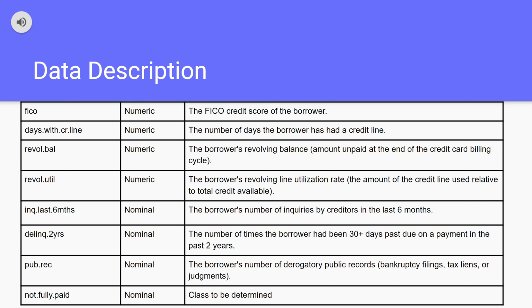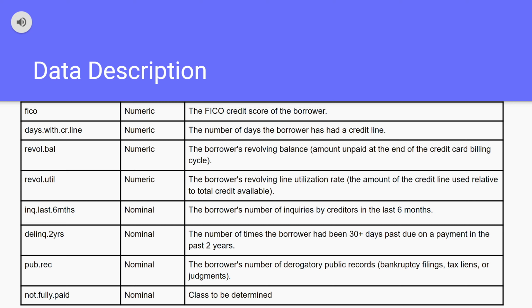And then we have inquiries in the last 6 months, which is a nominal attribute and refers to the borrower's number of inquiries by creditors in the last 6 months. We have delinquencies in 2 years, which is a nominal attribute, and this is the number of times that the borrower had been 30 plus days past due in payment for the last 2-year period.